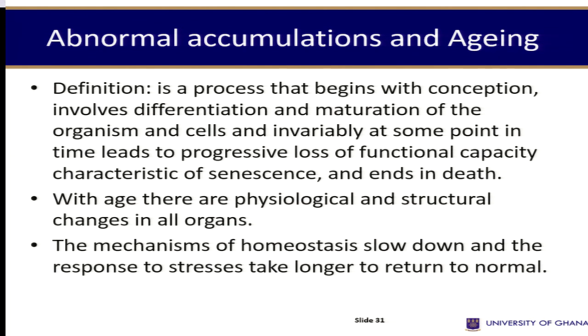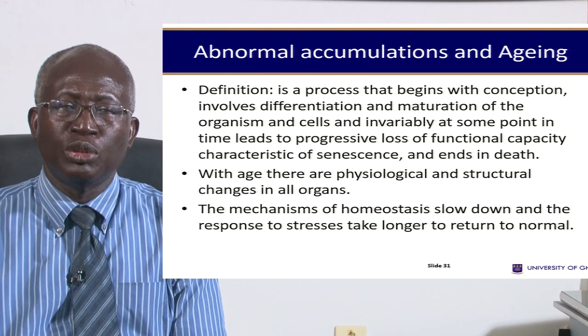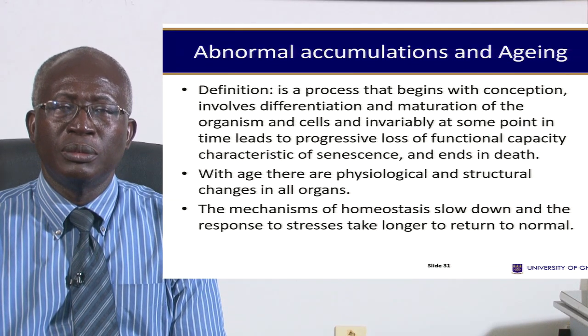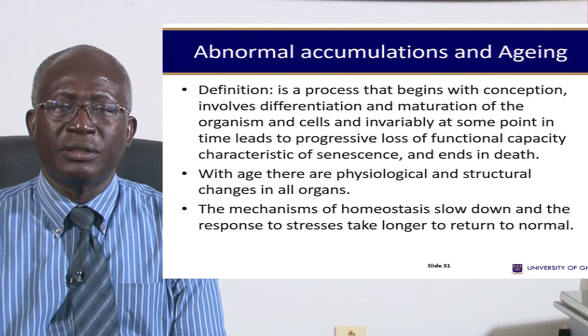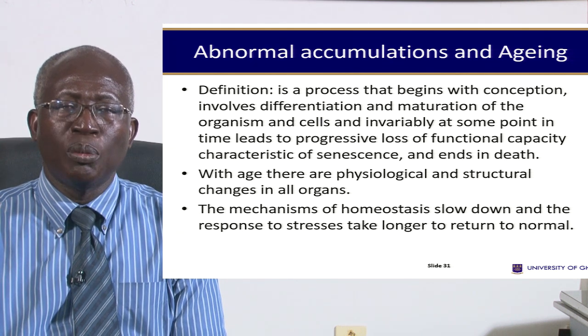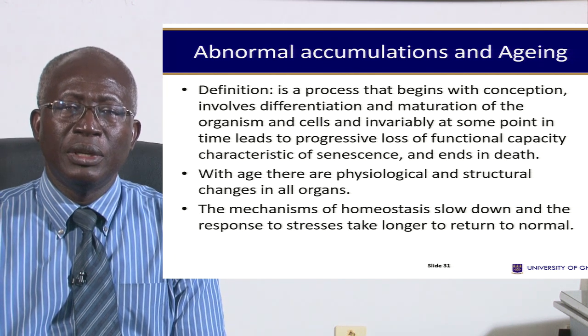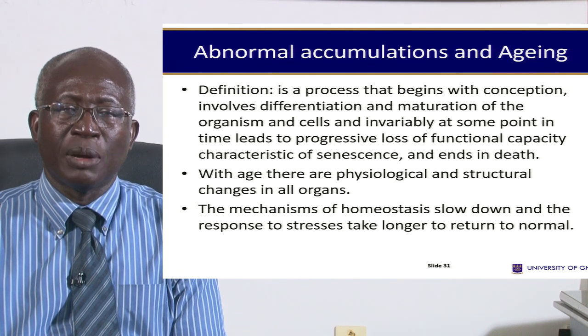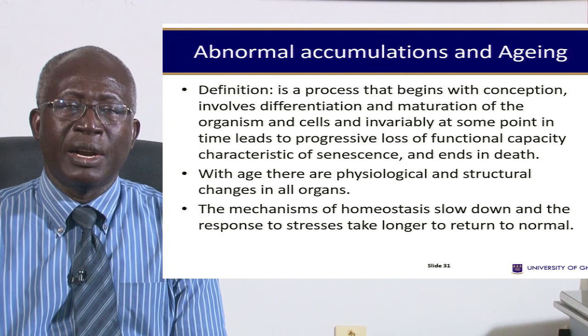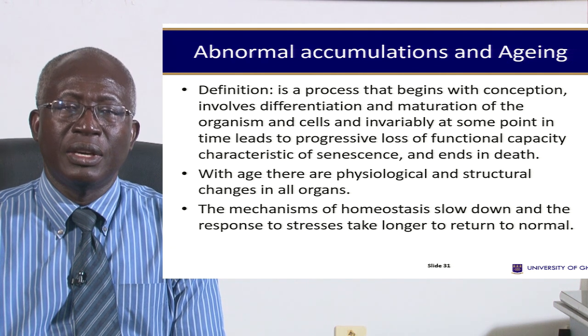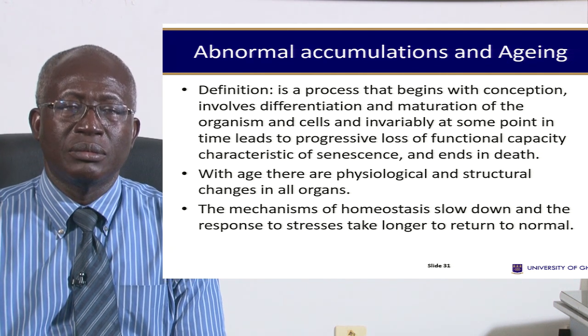Now let's move on to aging. Aging is a process that begins with conception. It involves differentiation and maturation of organism and cells, and invariably at some point in time leads to progressive loss of functional capacity, characterized by senescence, and then it ends in death.